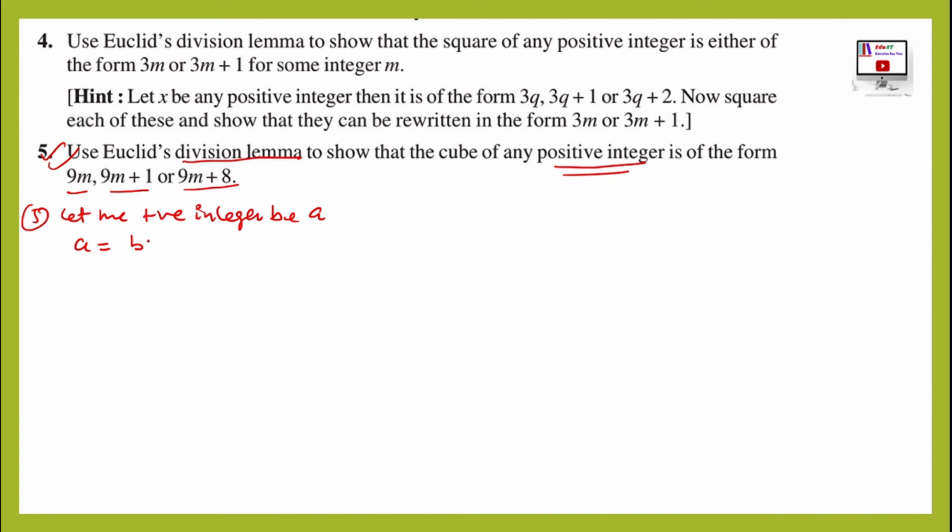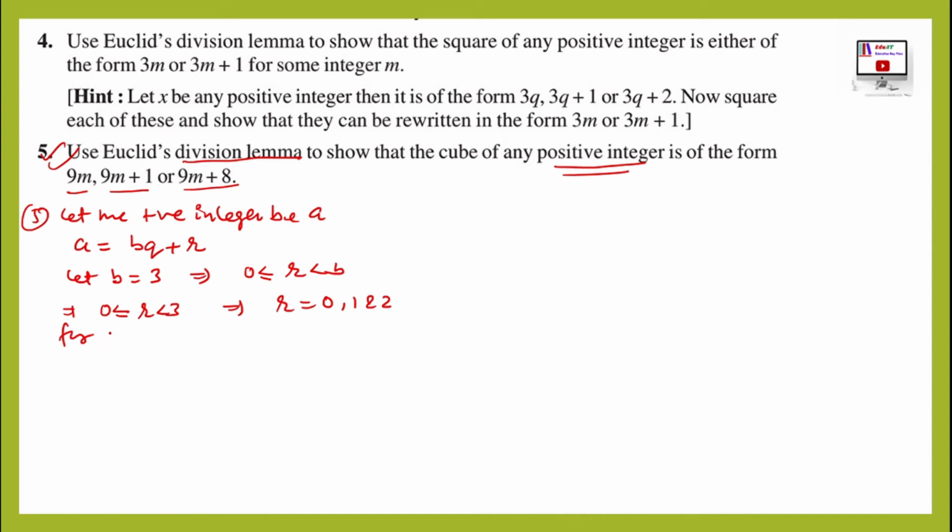By Euclid's division lemma, we can write this a as bq plus r, and let the value of b be 3. So b is 3, the value of r will be less than b, greater than or equal to 0. So we can say r will be less than 3, greater than or equal to 0. It means r is 0, 1 and 2.